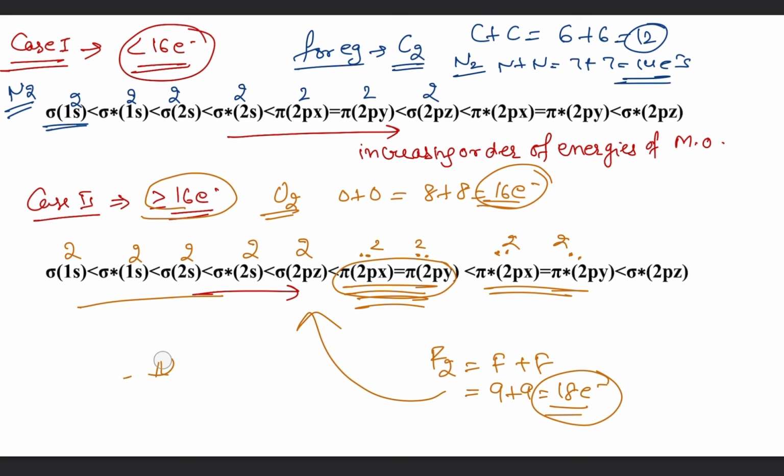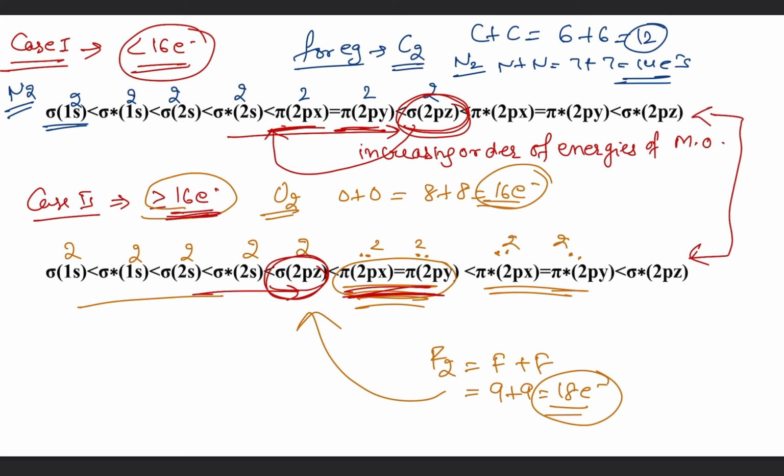Now the main difference between the two electronic configurations is this: sigma 2pz. In less than 16 electrons it comes after pi 2px, pi 2py. In greater than or equal to 16 electrons it comes here, so this is before pi 2px and pi 2py.